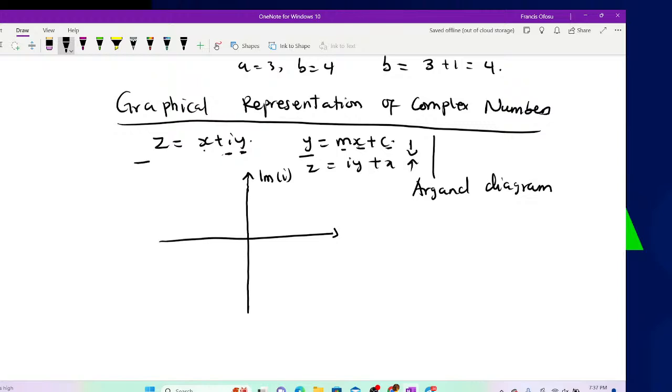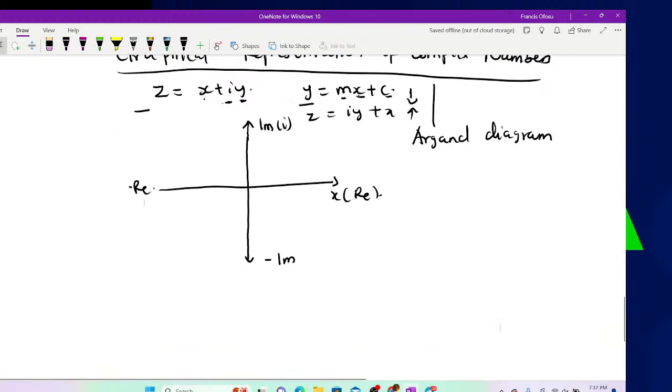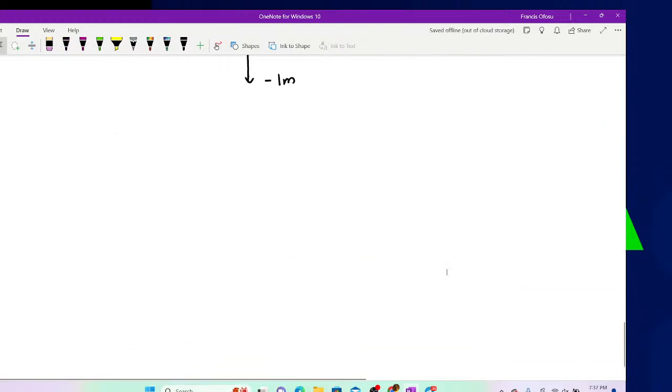On the x-axis, we have the real parts of the complex numbers. This is the negative imaginary, and this is the what? Negative real parts. Is that not it? So every complex number can be represented graphically on the Argand diagram. Let's see how we represent complex numbers on the Argand diagram.